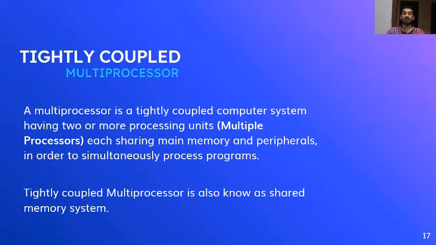In a tightly coupled multiprocessor, the main memory is shared between the CPUs, and we can also share the peripheral devices connected to the computer. So tightly coupled is all about sharing the main memory. A tightly coupled processor is also known as a shared memory system.